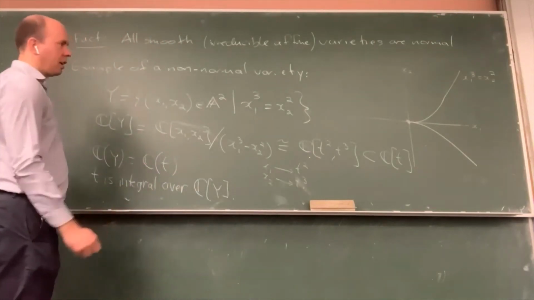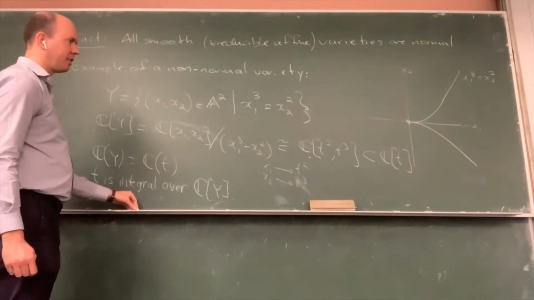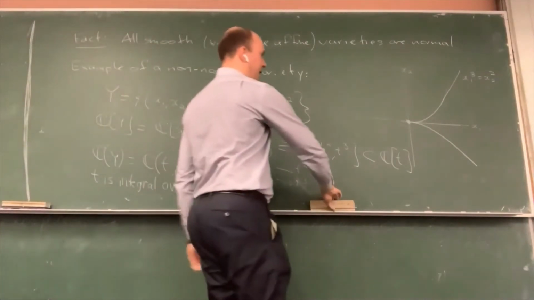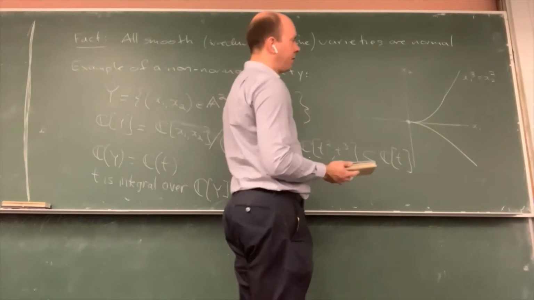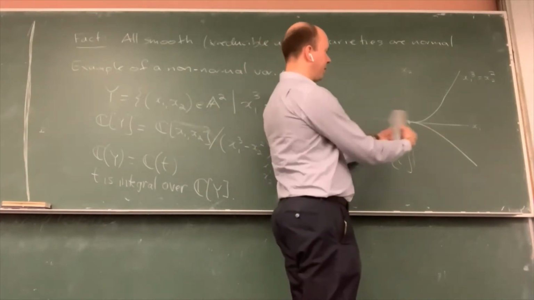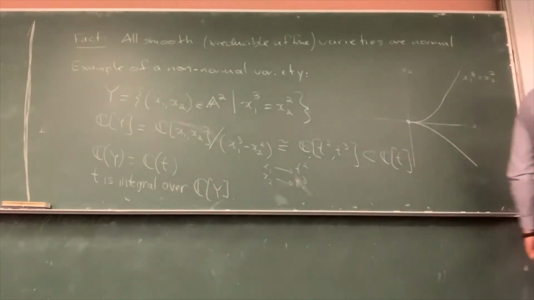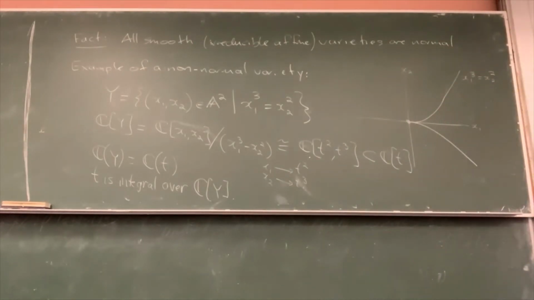And what does this mean? It means that in this example, it allows you to have a bijective morphism to this variety which is not an isomorphism, given by this t.